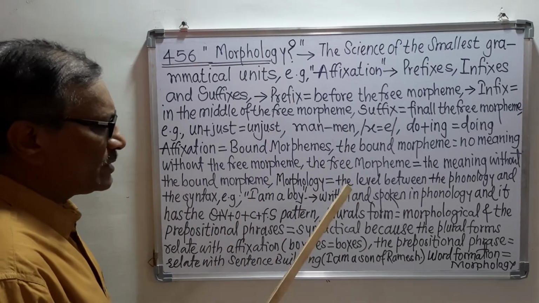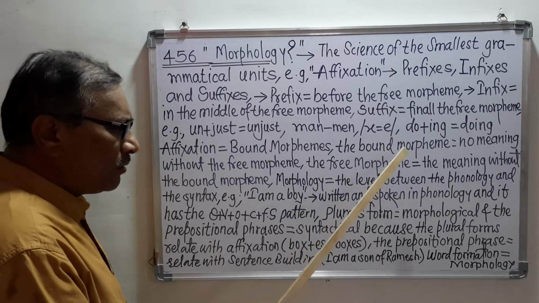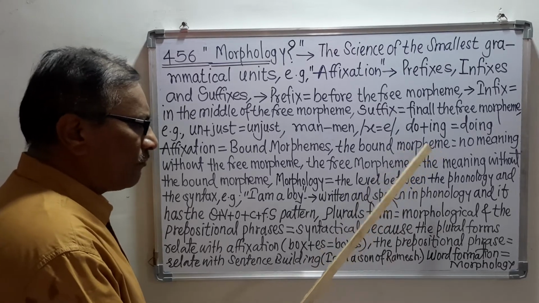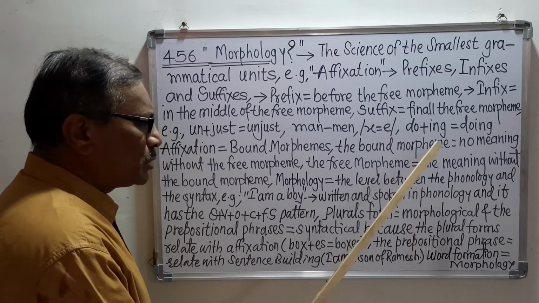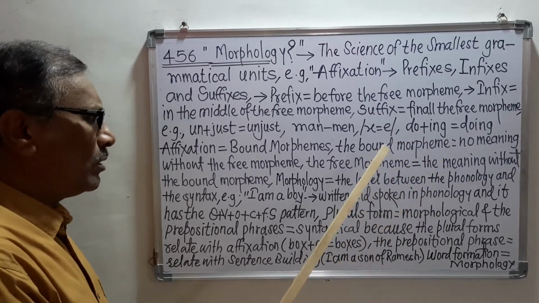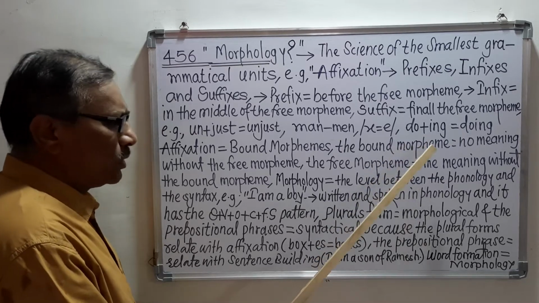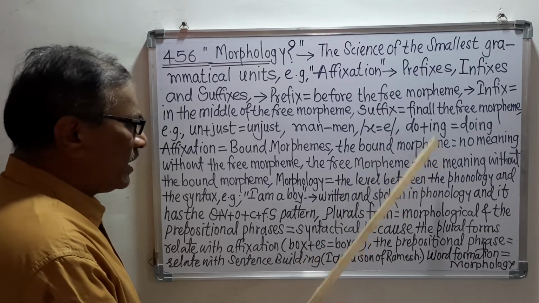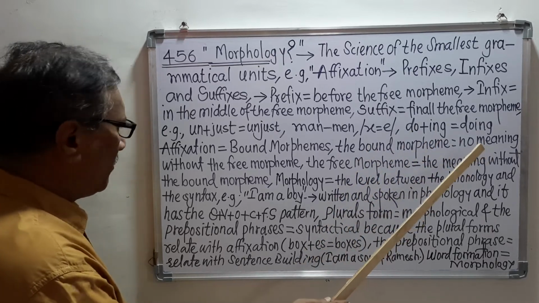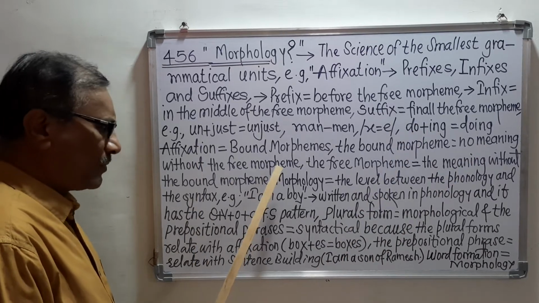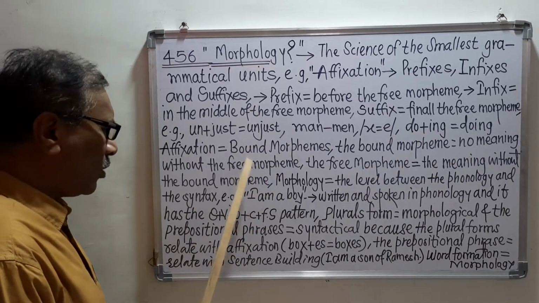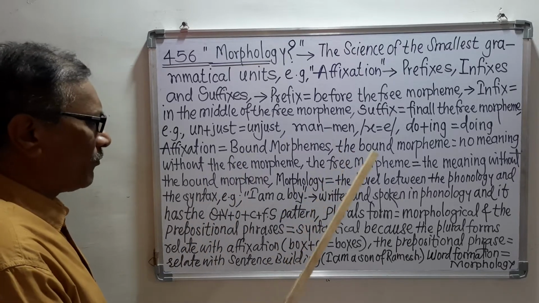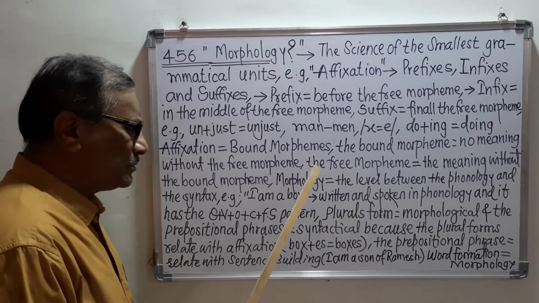The bound morpheme has no meaning at all by itself, but when we add this bound morpheme to the free morpheme, then the bound morpheme gets the meaning. That is the important point.